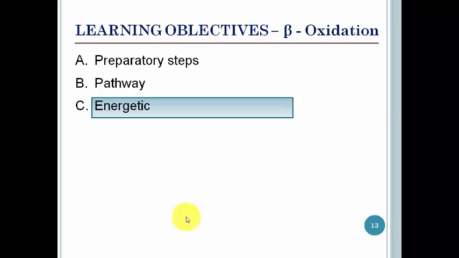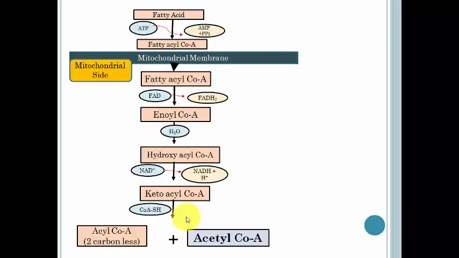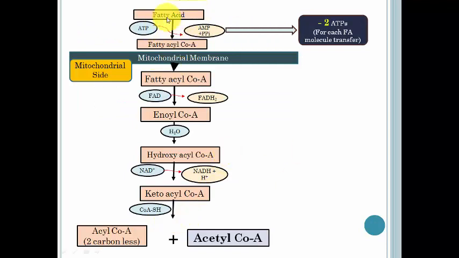So what is the energetics related to beta oxidation? As we all know, beta oxidation is an energy yielding pathway for fatty acids. So the first step, that was activation, that is the preparatory step, the activation of fatty acid, in which we have seen that 2 high energy bonds were utilized. So 2 ATPs were utilized in the activation phase.